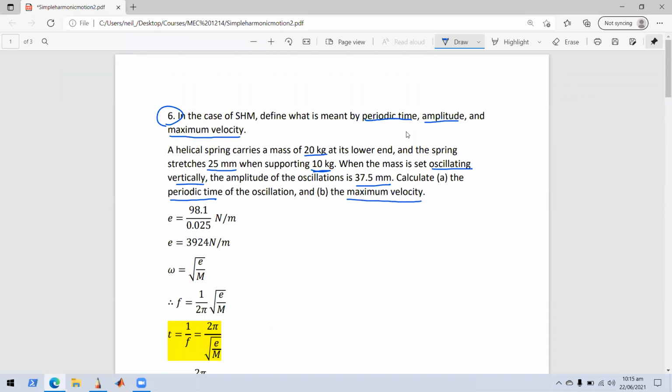Okay. Now, a few things that we have to figure out. In order to find periodic time, we're going to have to find frequency, because T is equal to 1 upon F. So we have to find frequency.